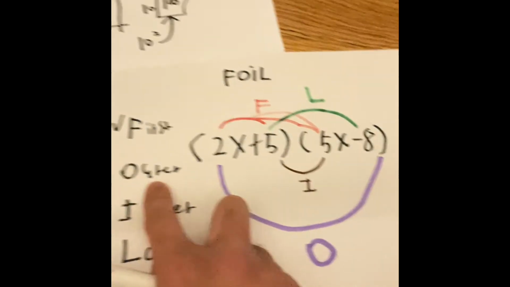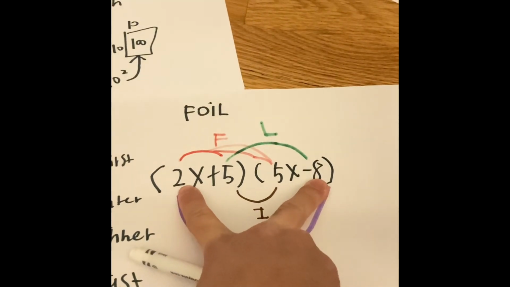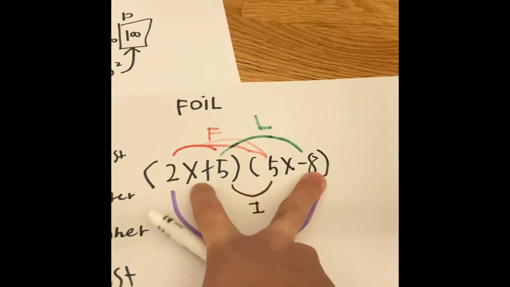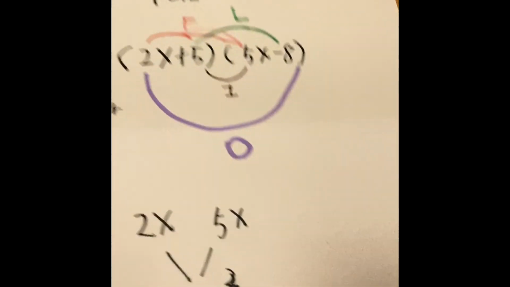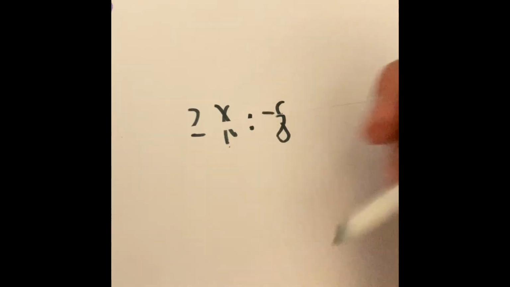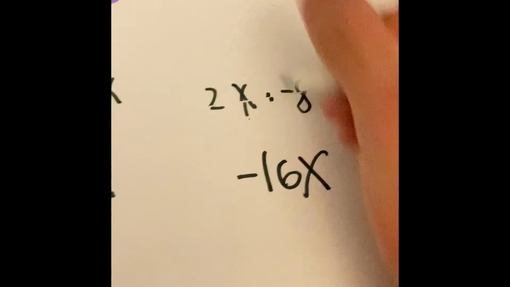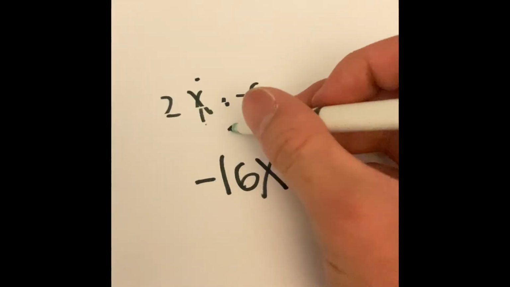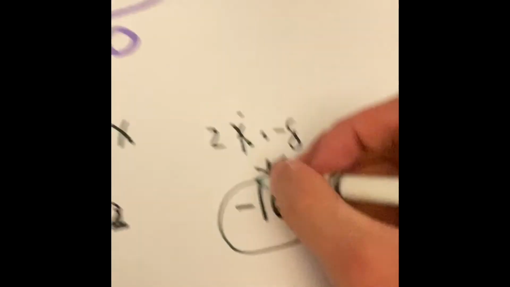That represents the terms on the outer edge of the parentheses. So 2x and negative 8. When we do that, 2x multiplied by negative 8, we get negative 16x. The variable stays in the answer, making it negative 16x. So that is our outer terms.